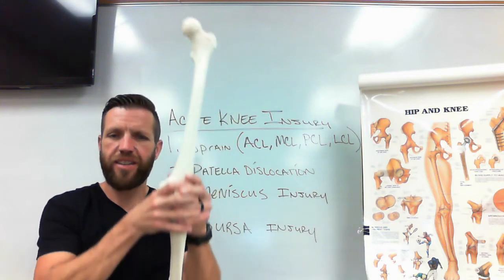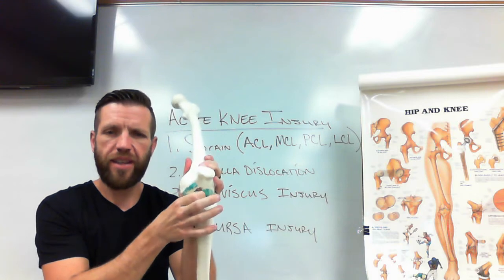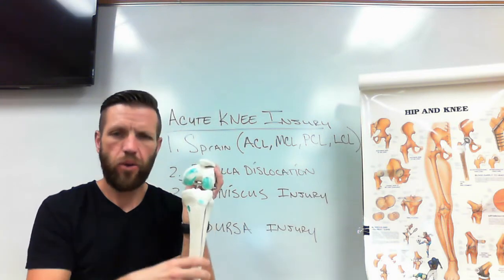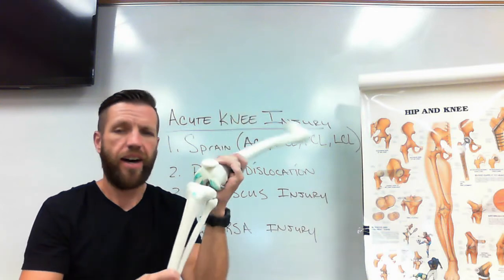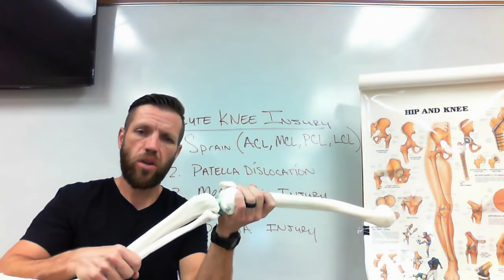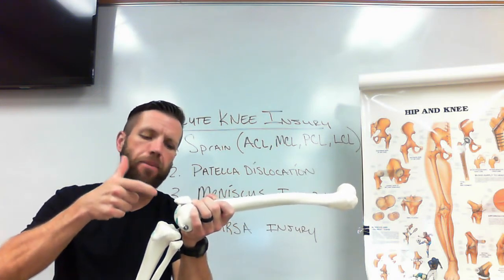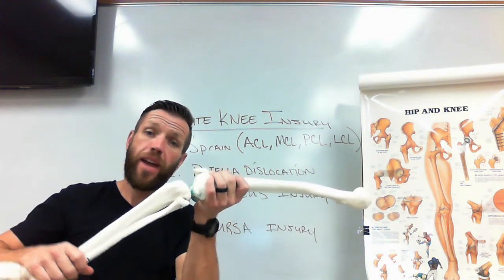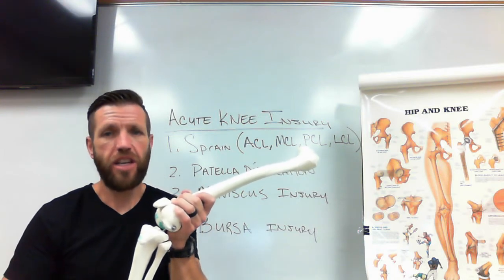It's like the ACL. It's inside a capsule or a joint capsule. And so it's sitting in there, and the joint is going to be tender, and sometimes it will lock. I've seen many times where a person's knee will lock and they can't extend it because the meniscus tear happens and then it flips over, and so they have a locked meniscus. And that's not good because if you can't straighten your knee, you can't walk right.